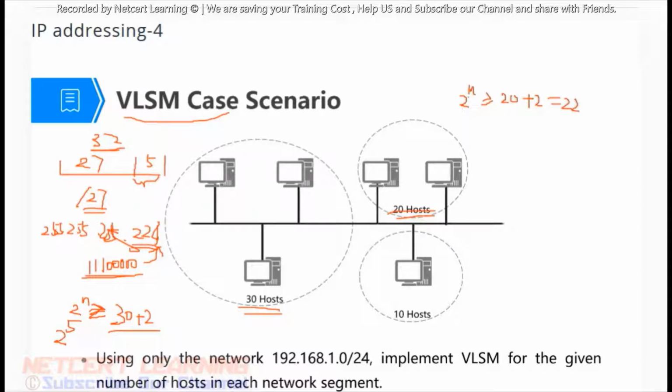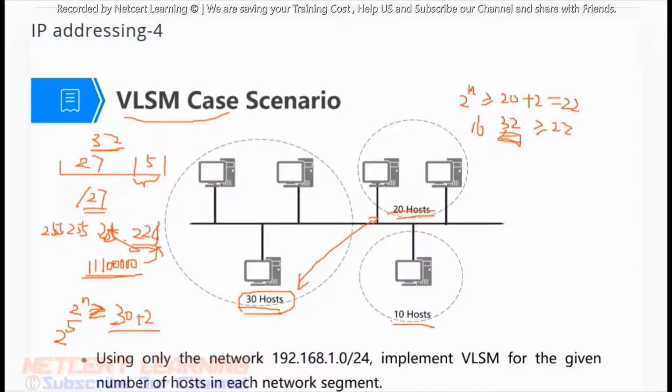If n equals 4, that's 16, which is smaller than 22. If it's 5, it's 32, which is greater than or equal to 22. And if it's 32, it's just equal to the first case with 30 hosts, so the mask of these two networks should be the same.